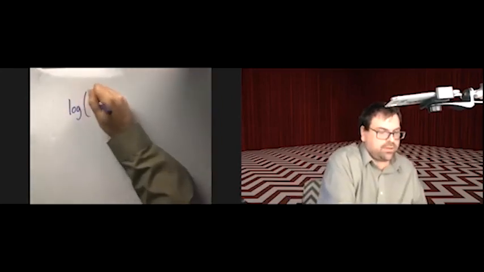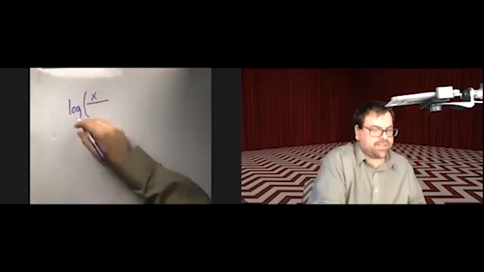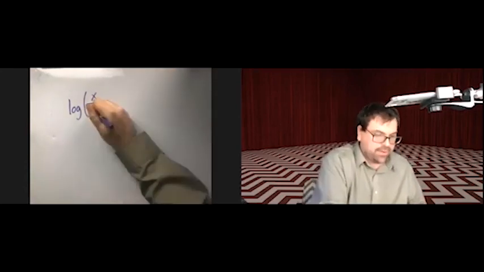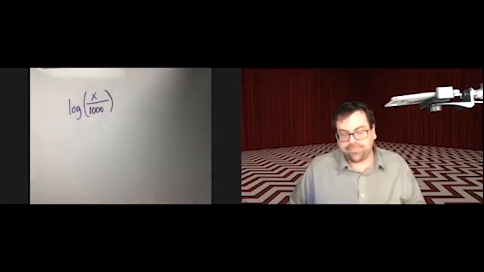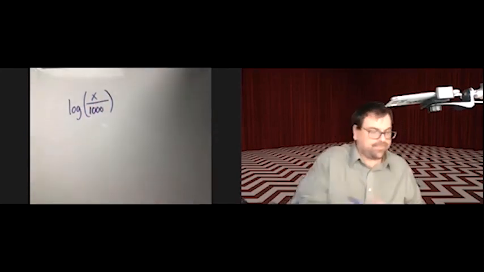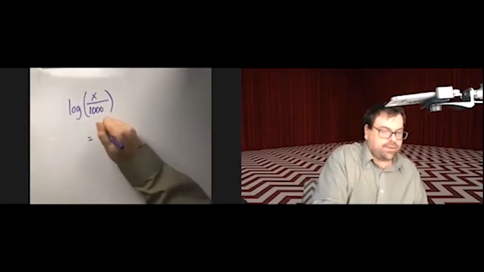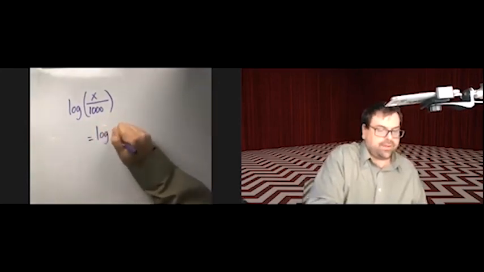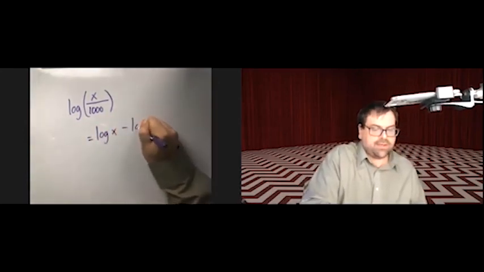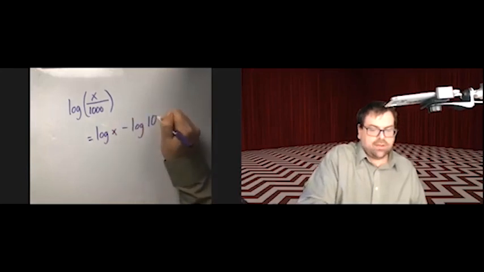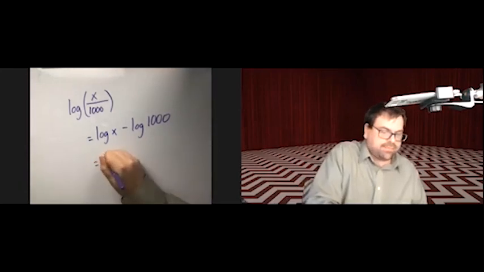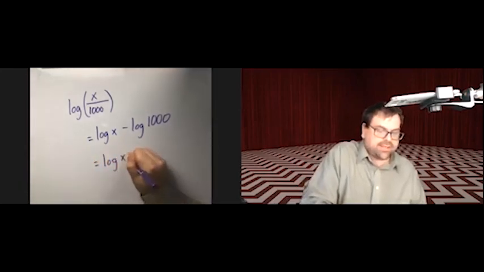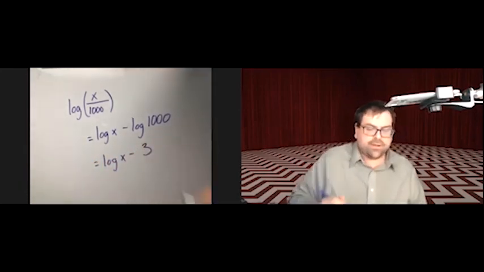What about the log, so that's the common log, base 10, of x over 1,000? That would be the log of x minus the log of 1,000. And this simplifies as the log of x minus 3.